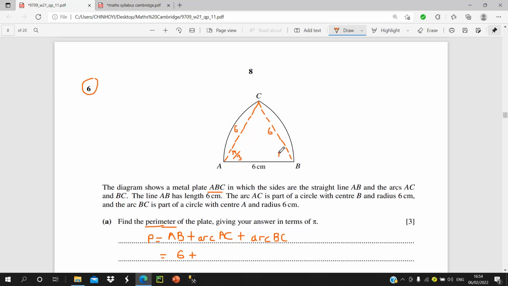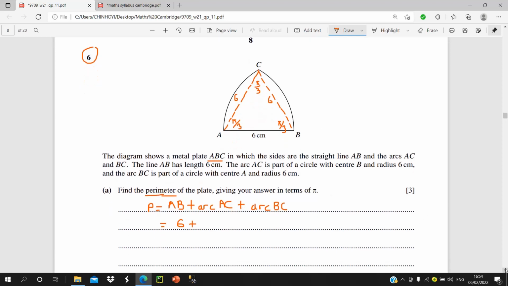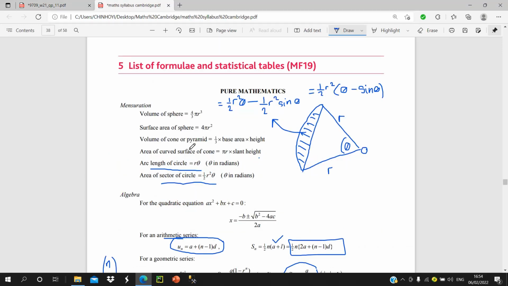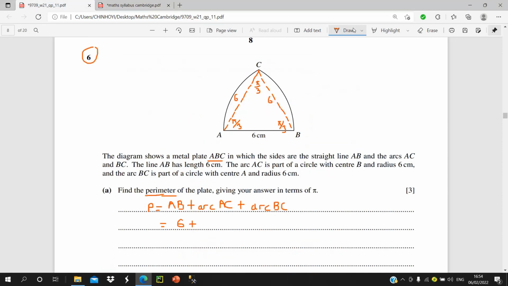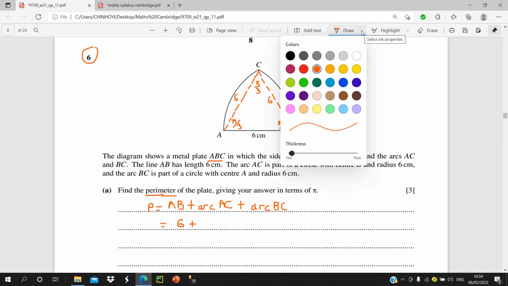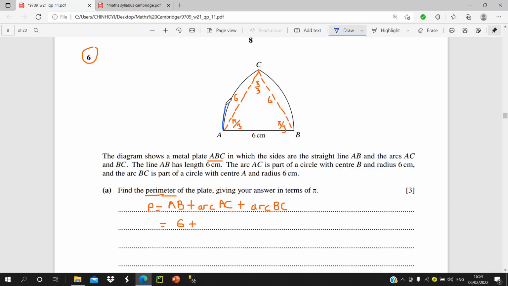So each and every angle in the triangle is pi over 3, which is 60 degrees. Here we have pi over 3, and here we also have pi over 3. Right, then we use the formula for the arc length. Arc length is r theta, radius times the angle. So the arc length of AC, the radius is 6 times theta, the angle.